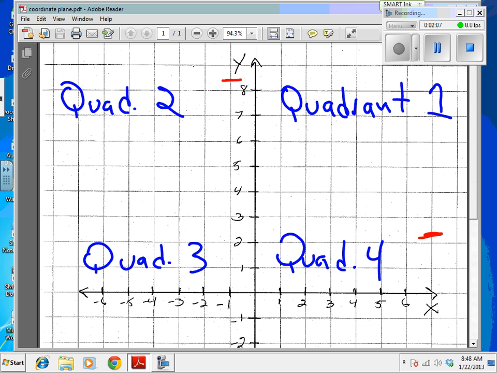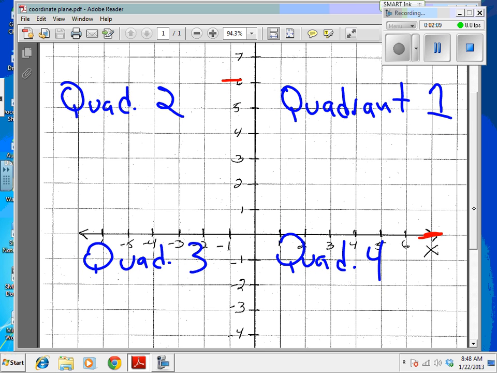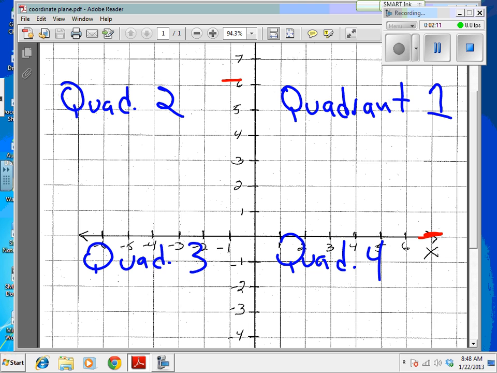The x and the y-axis. Notice that these numbers on this side are positive integers. These numbers on this side are negative integers. Numbers up here are positive integers and negative integers.